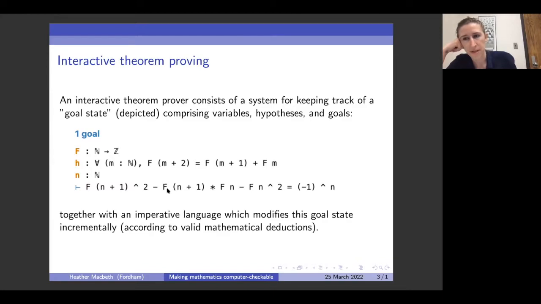We have certain things that are our variables, certain facts that we know, and certain facts that we're trying to prove.